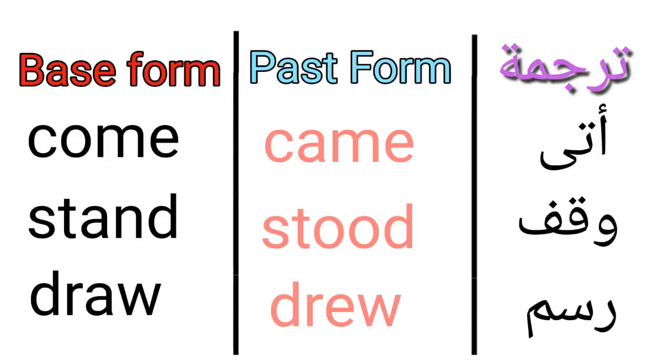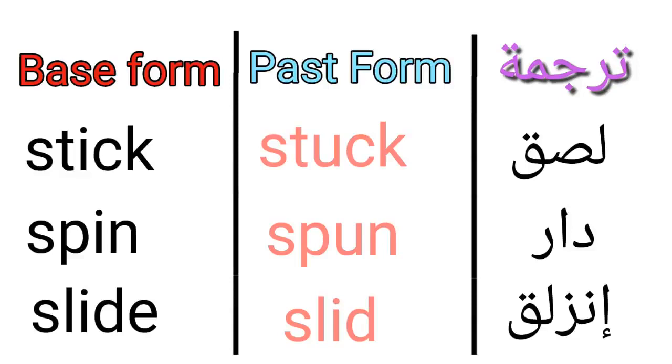Verb to draw, which means رسم, past form drew. Verb to stick, which means لصق, stuck. Verb to spin, which means دار أو استدار, past form spun. Verb to slide, which means انزلق, slid.